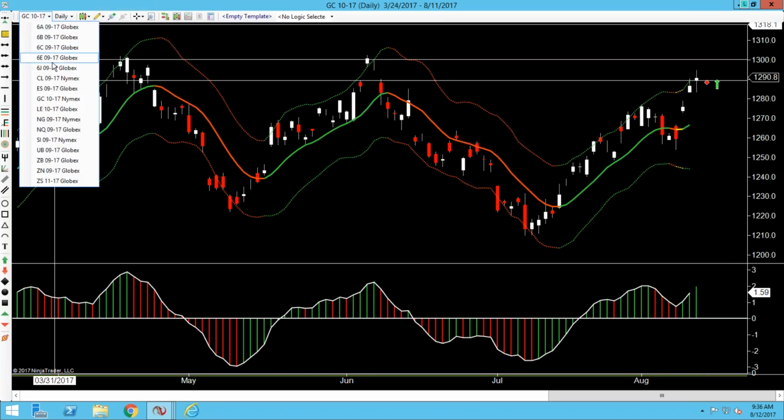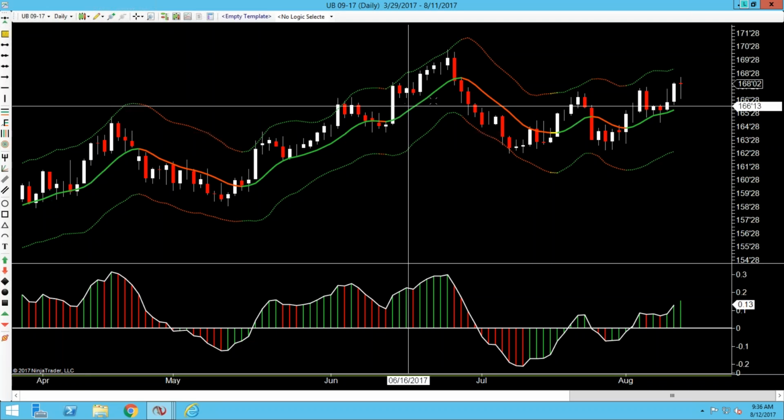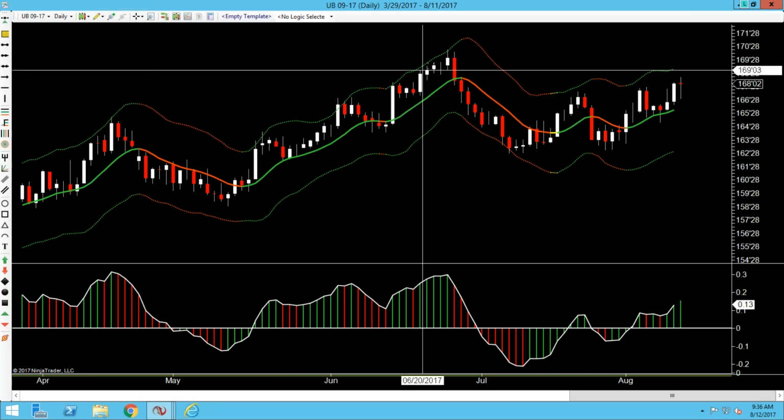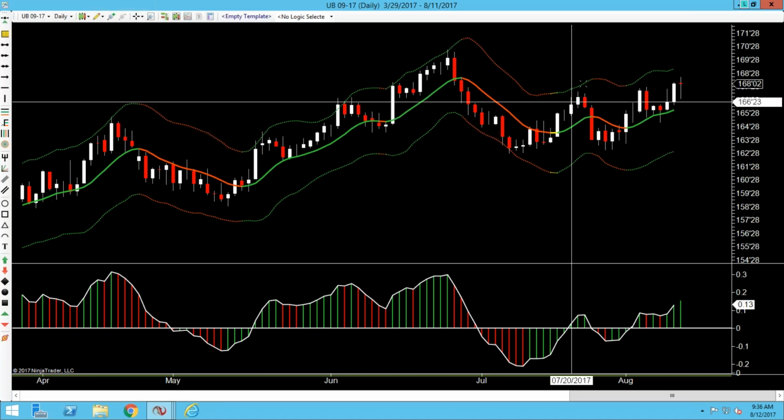Let's look at the bonds since they're going to be in play this week. I would imagine if the trend continues from last week. And again, you can see that touch the band, go to the other side, touch the band, go to the other side.